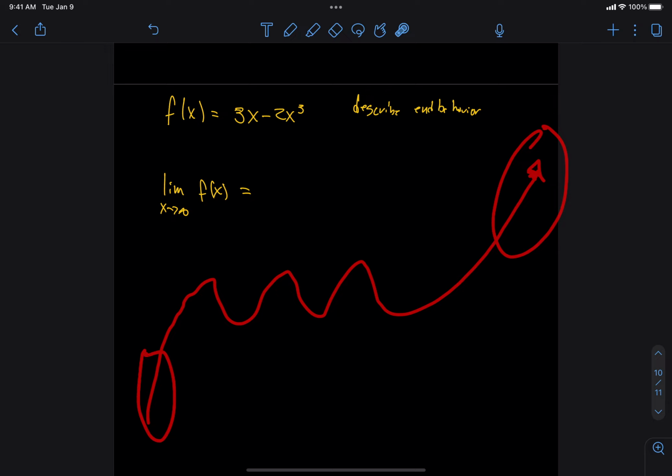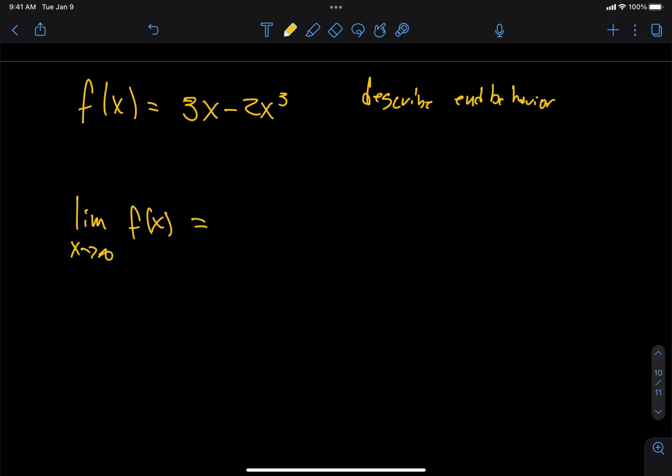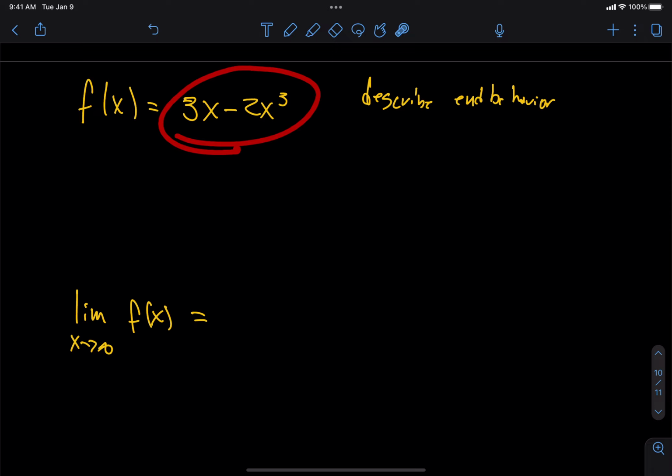It's what is happening to the value of the function when the x value becomes huge and positive or huge and negative. So what was the thing that we learned about finding the end behavior of a polynomial that is going to become useful in this problem?